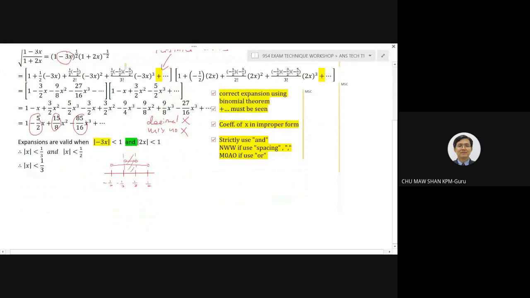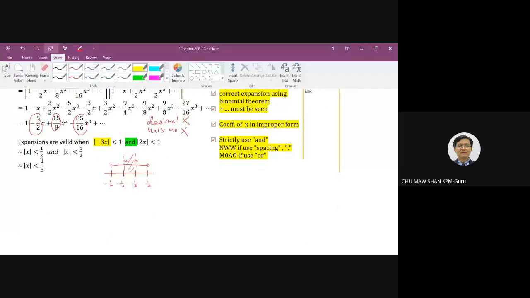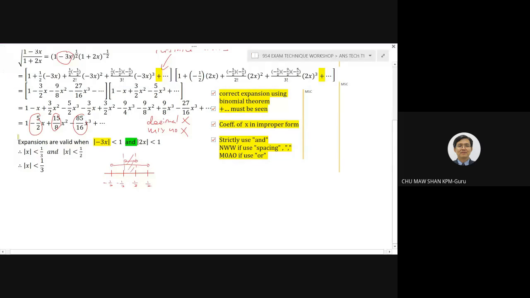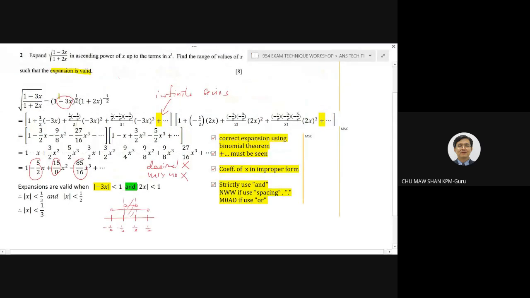Expansion is valid. So from the first expansion, this one, negative 3x, must be less than 1. Its modulus. And modulus of 2x must be less than 1. You see, "and". Saya sudah highlight.